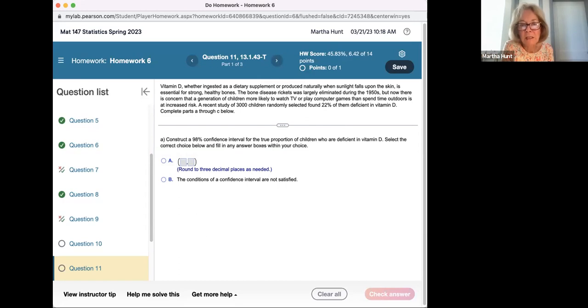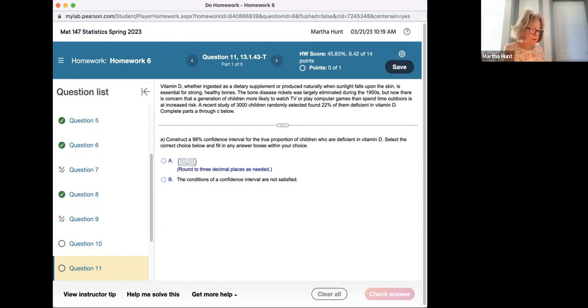You need a number of kids that are deficient. So we have to change what? We have to change the percent. So 22%, 0.22 of the sample, which is 3,000.